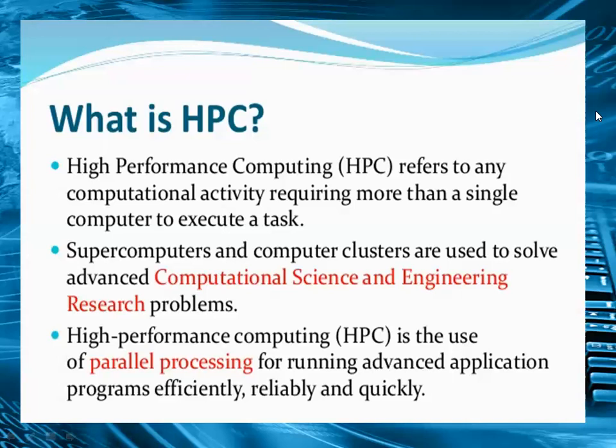So high performance computing is the use of parallel processing for running advanced application programs efficiently, reliably, and quickly. Parallel processing means that it can process multiple tasks at the same time, in parallel, and it works efficiently, it is more reliable, and it is quicker.